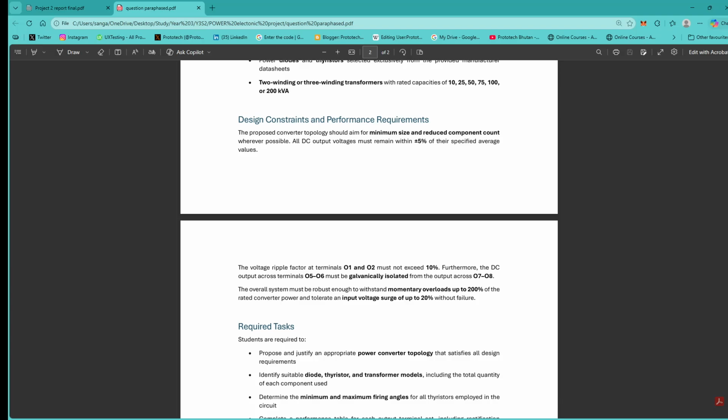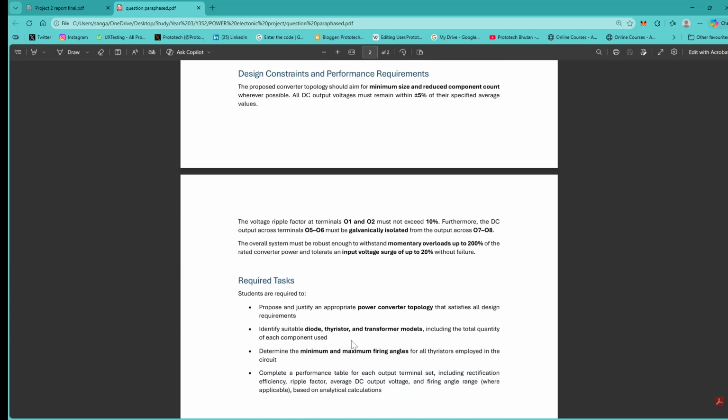We also need galvanic isolation of O5 to O6 and O7 to O8, and tolerance of 200% momentary overload should also be considered. The resilience against a 20% input voltage spike should also be considered in this project.